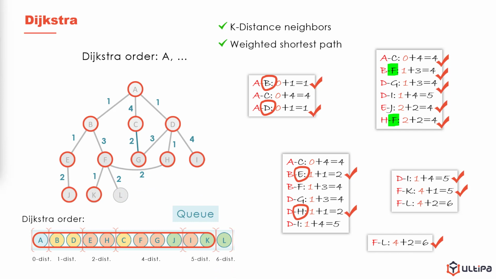An untraversed edge that leads to already traversed nodes, like the edge between node C and node G, will never contribute to the weighted shortest path from the subject node.